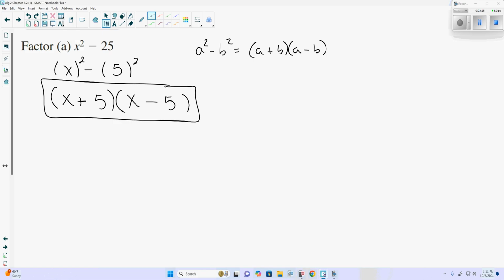Because if we can find a and b, it's a plus b times a minus b. Now x minus 5 times x plus 5 is the exact same answer, because order does not matter for these. Make sense? All right. We ready for the next one?